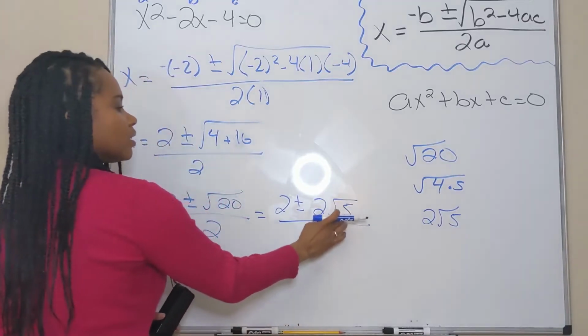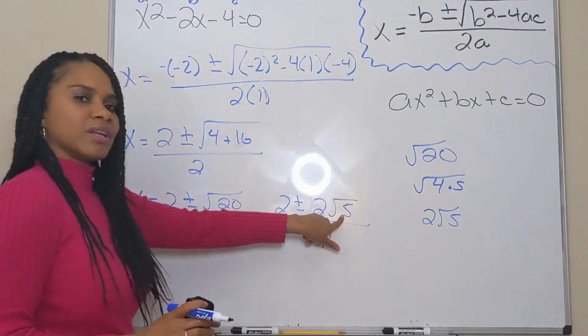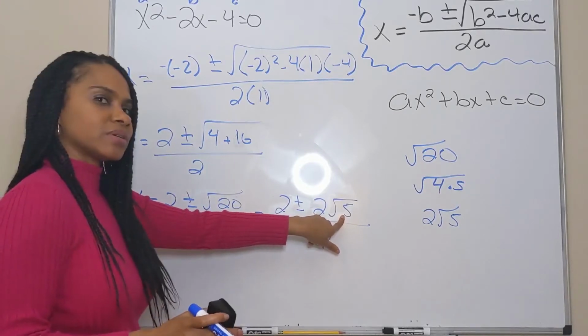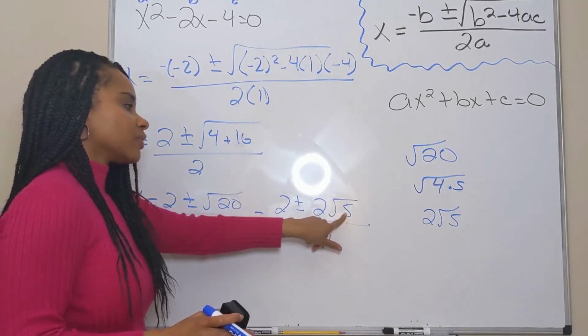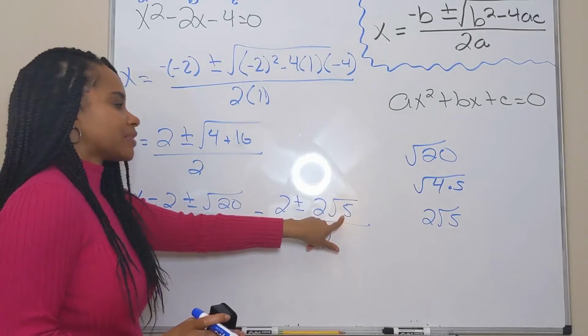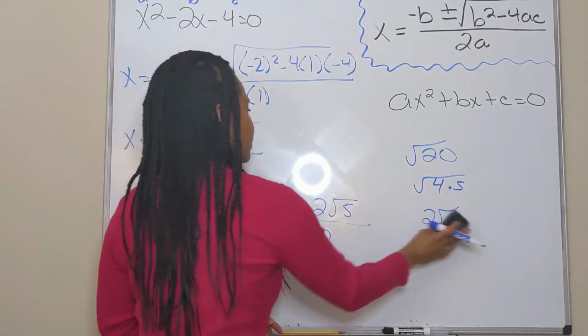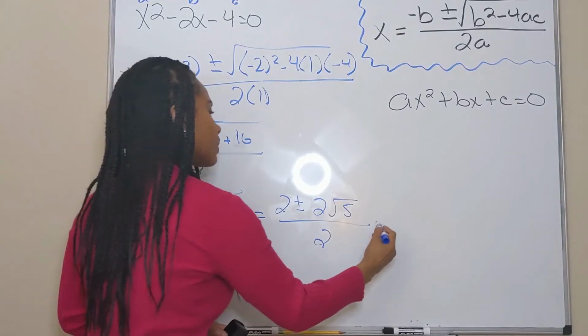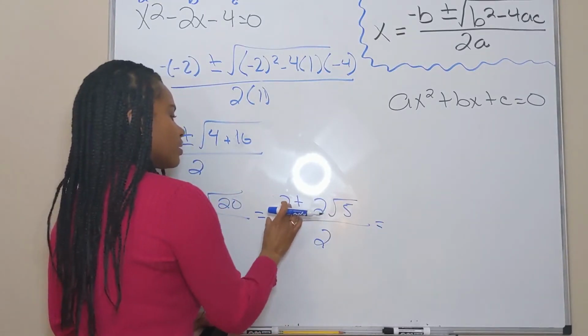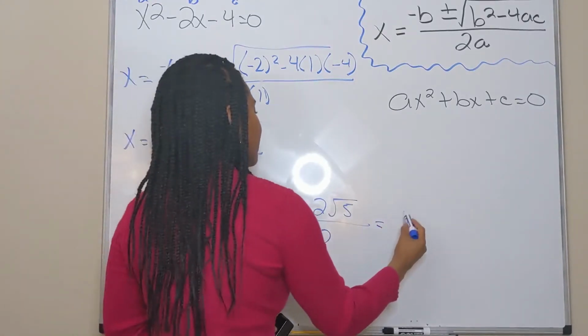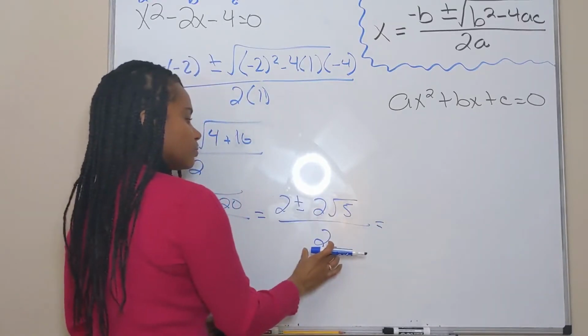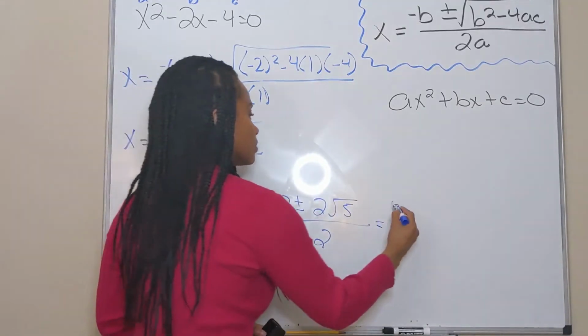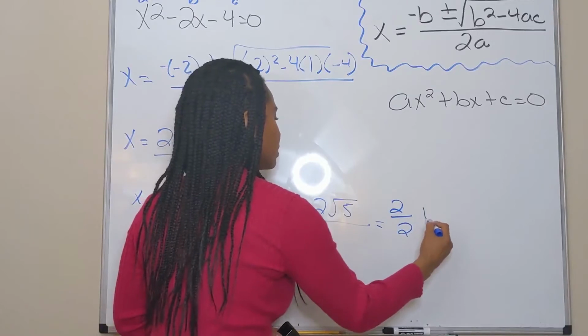Make sure the number underneath the radical does not have any more factors that are perfect squares, all right? Because if there are, that means you haven't put it in simplest form. So let's simplify it even more. I could write this as, if I break this up into 2 over 2, that reduces to 1, but let me write it out.